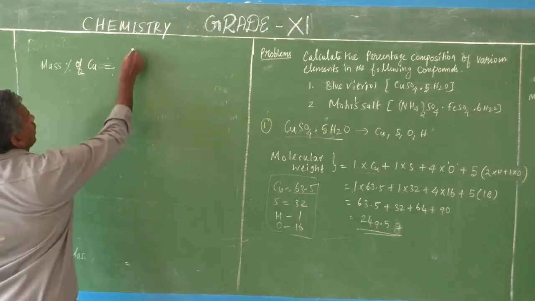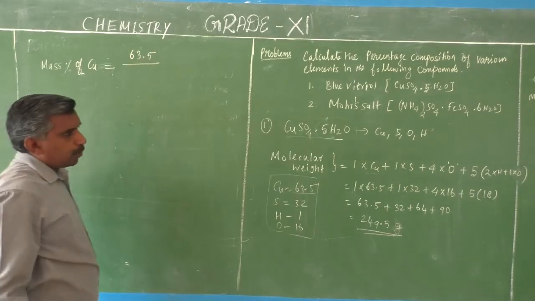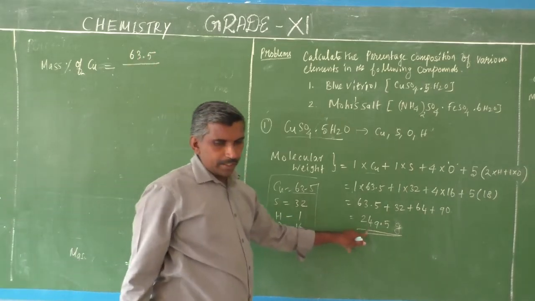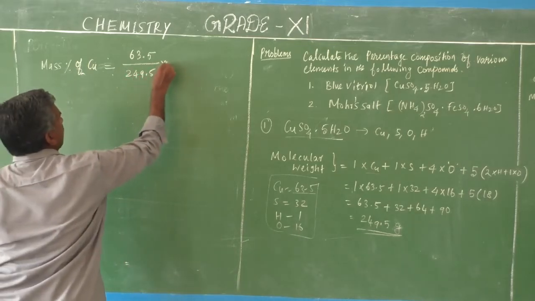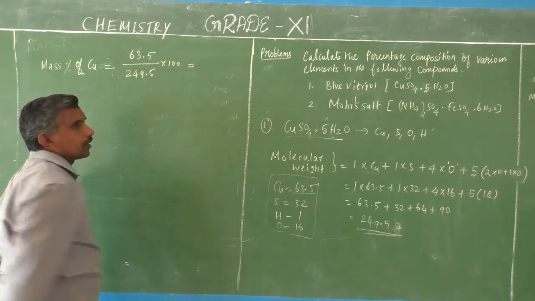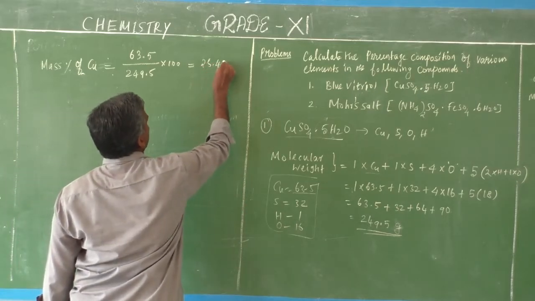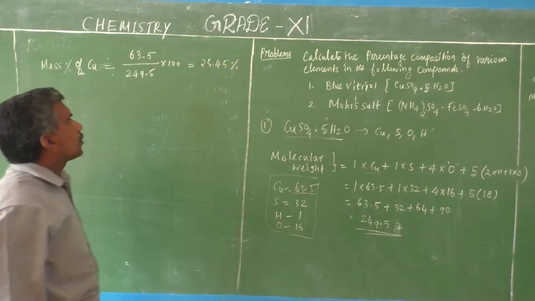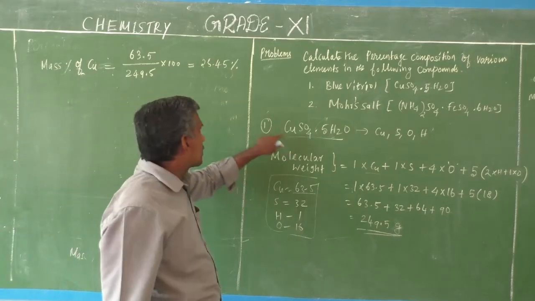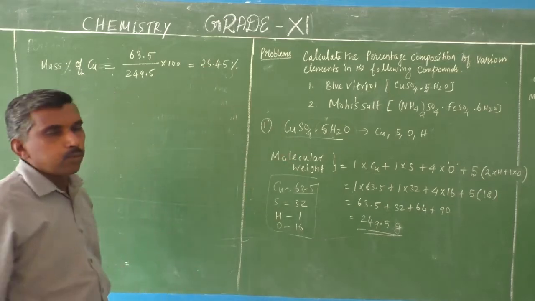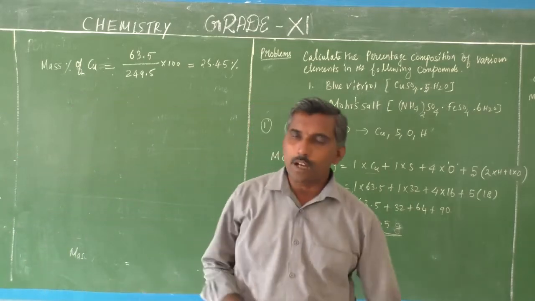Copper mass 63.5 divided by the molecular weight of the compound 249.5 into 100. What is the value? 25.45 percentage. So the percentage of copper present in copper sulfate is 25.45 percentage, about one fourth.